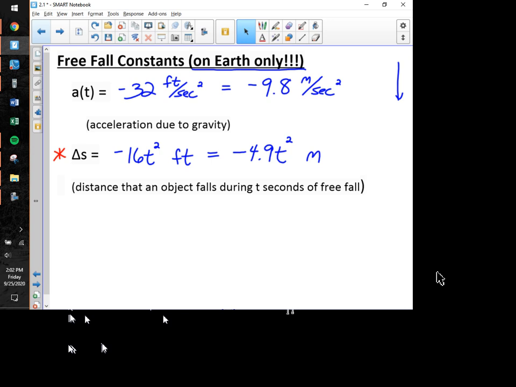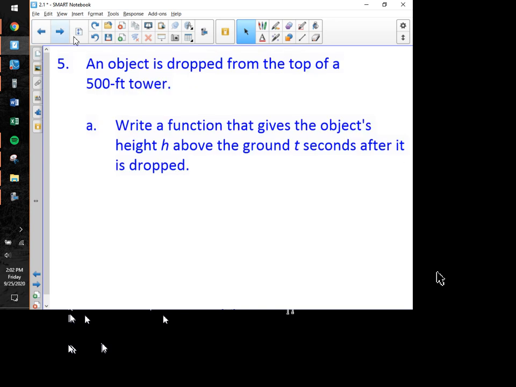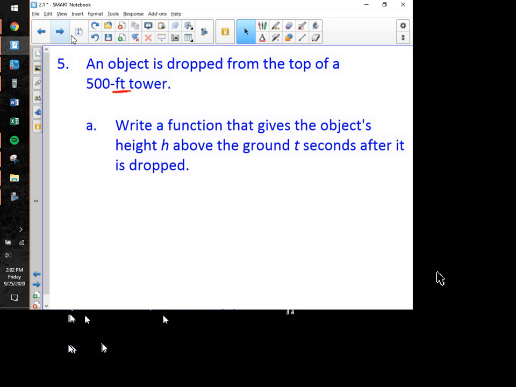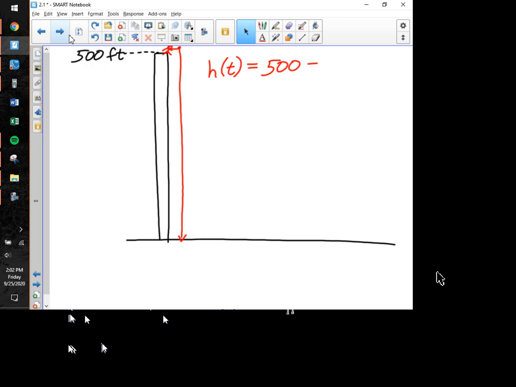Delta S, the distance that an object falls during t seconds of free fall. Now, you'll notice that I already made the choice right here that we were going to be using feet and empirical measurements right here. So we're going to go with this version of displacement, a -16t squared. So 500 feet minus 16t squared, that's going to get you the height of this object t seconds after free fall.